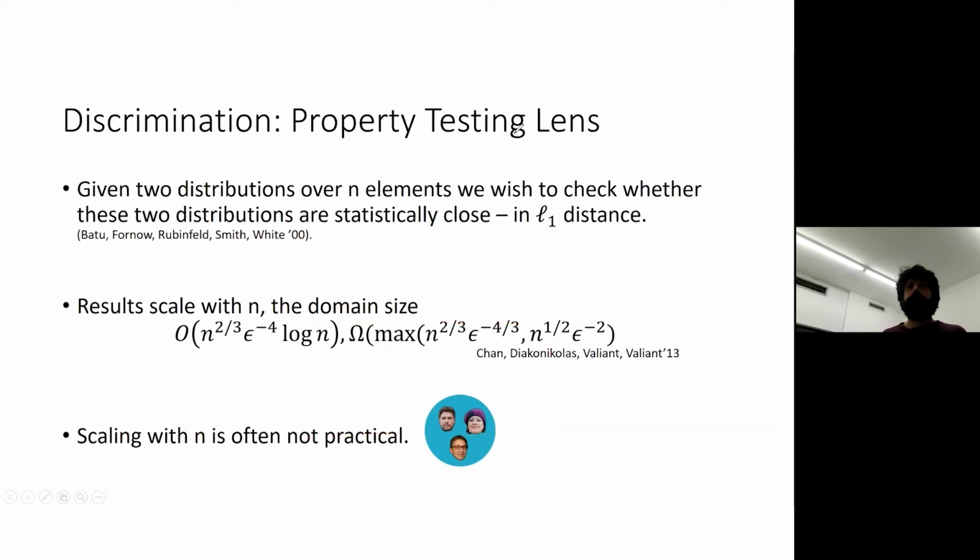Yeah, so another way to look at this problem is from the property testing point of view, which is very similar to basically learning the L1, or total variation, where you are given two distributions over n elements and you wish to check whether these two distributions are statistically close. So here you are measuring the total variation.